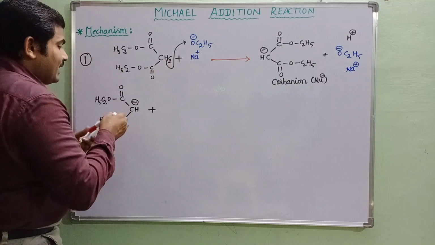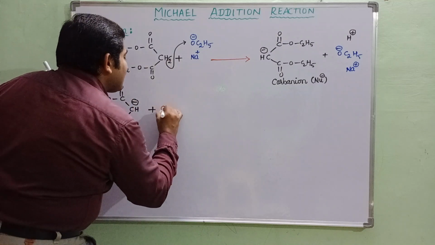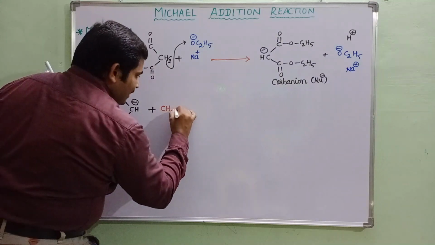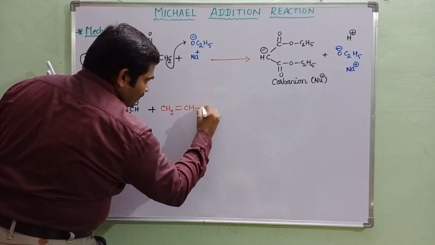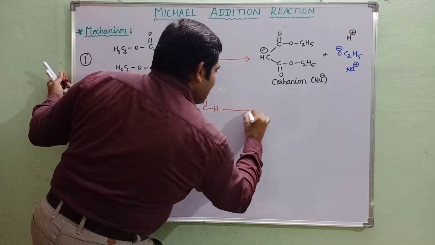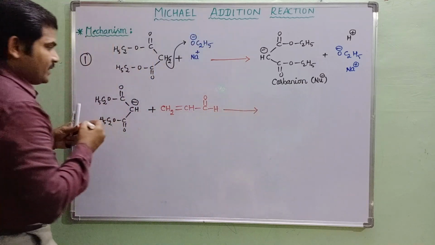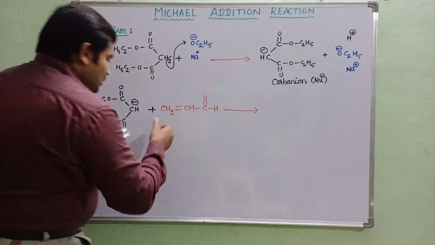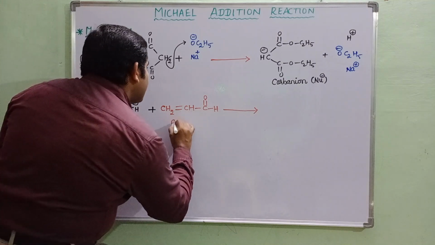It attacks the alpha beta unsaturated carbonyl compound, which is also called a conjugated diene.